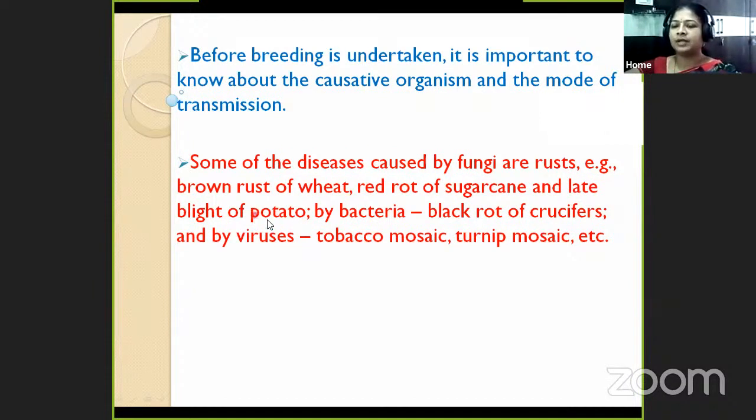Some bacterial diseases are like black rot of crucifers, and some viral diseases are tobacco mosaic disease caused by tobacco mosaic virus and turnip mosaic disease caused by turnip mosaic viruses. So these are some examples of fungal, bacterial, and viral diseases.